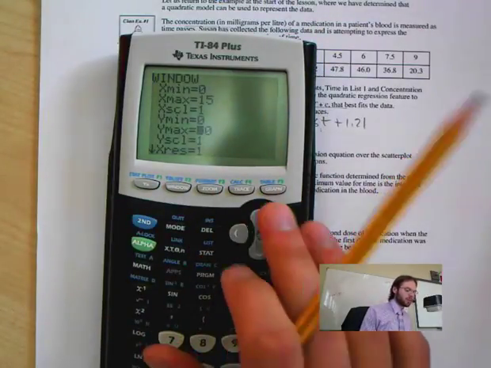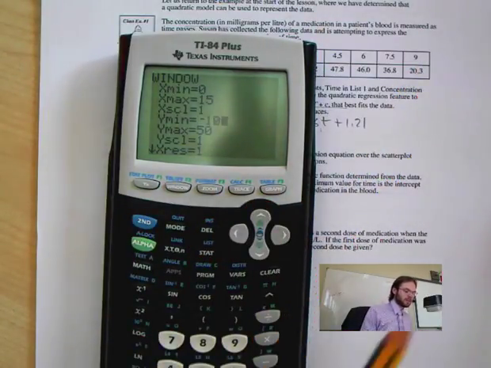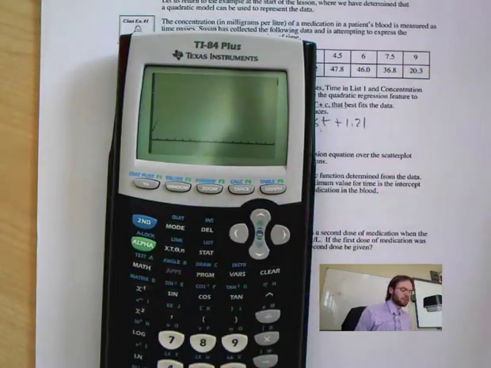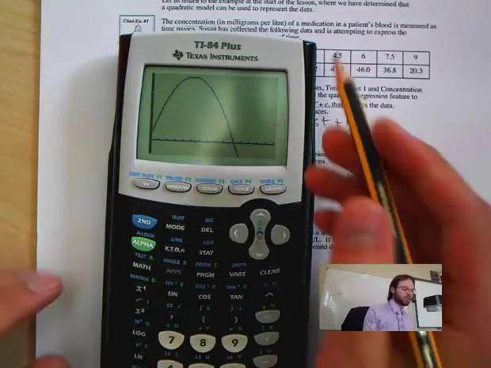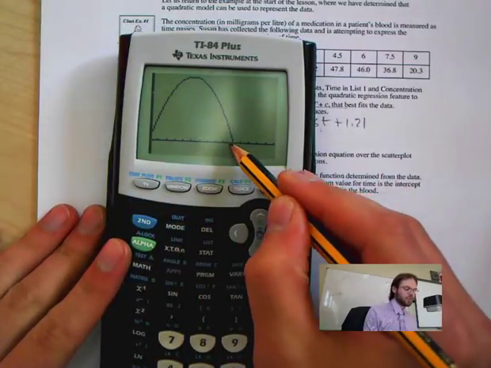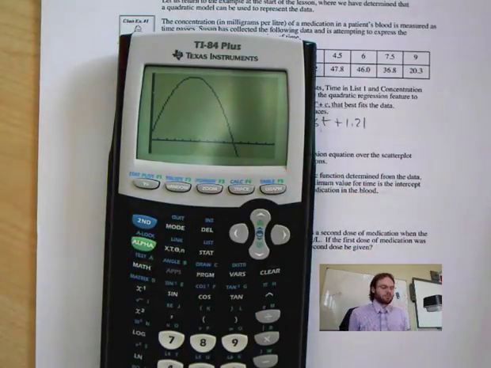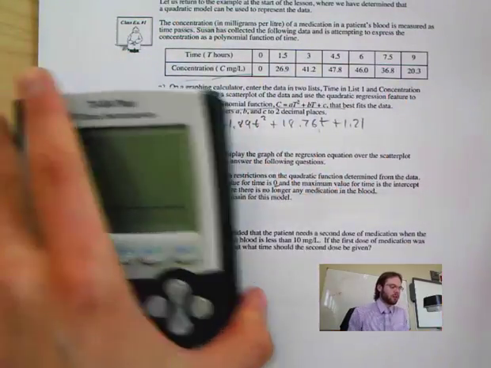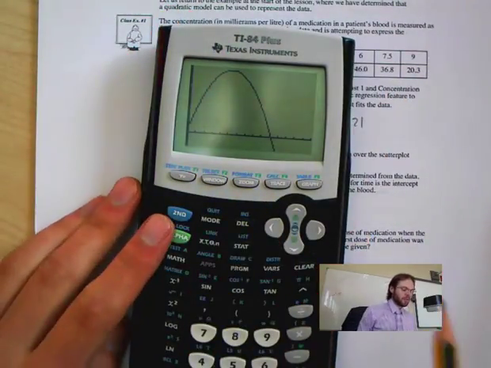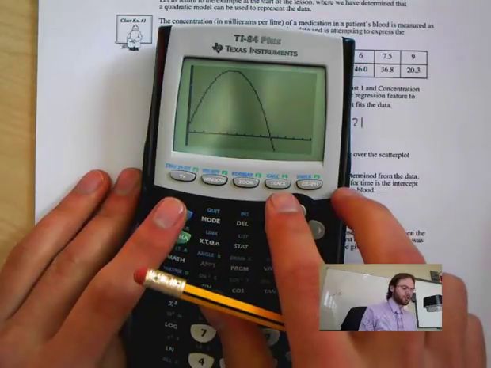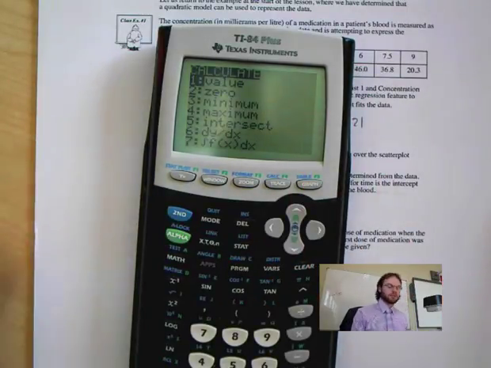Now in my window, I'm going to set my y to minus 10, so that I can see a little bit below. Because I'm going to have to find my domain, I can only go from 0 to when my concentration is gone. So let's try and figure out when that is. What do we have to do? We're going to have to calculate my zero.